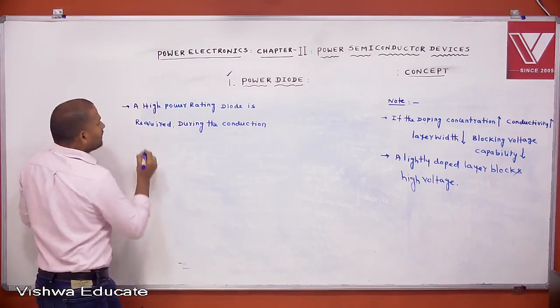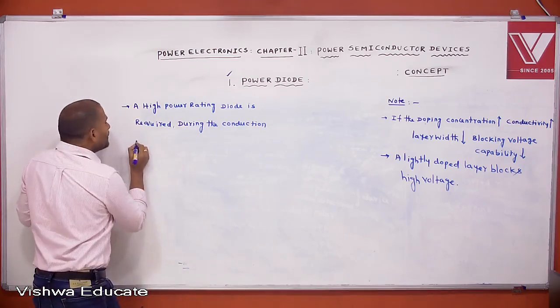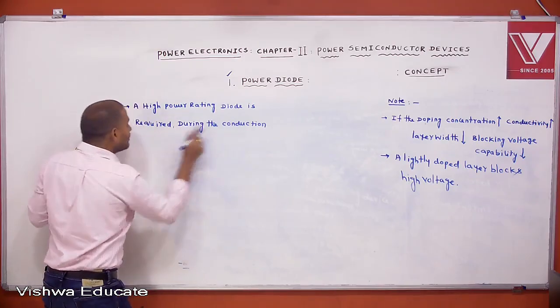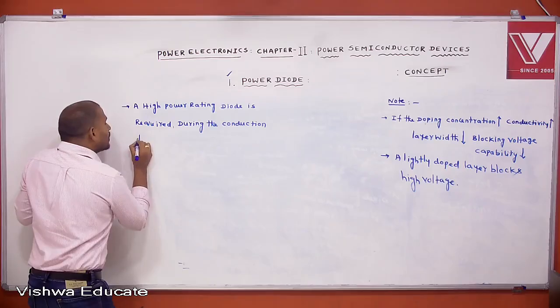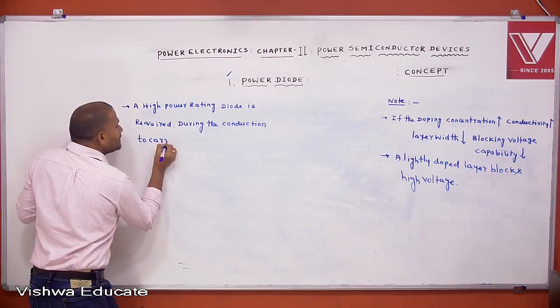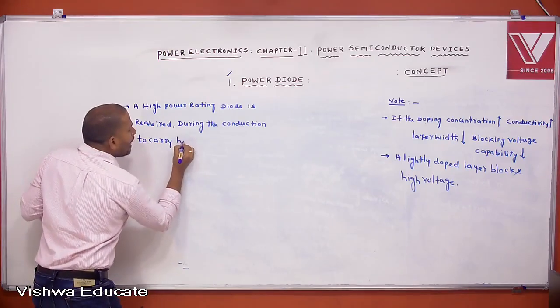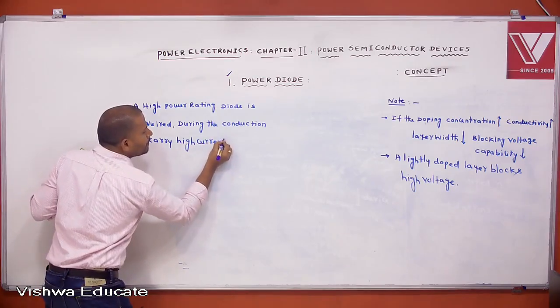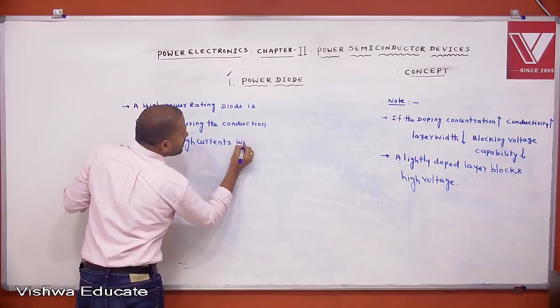A high power rating diode is required during the conduction to carry high currents with less power loss.